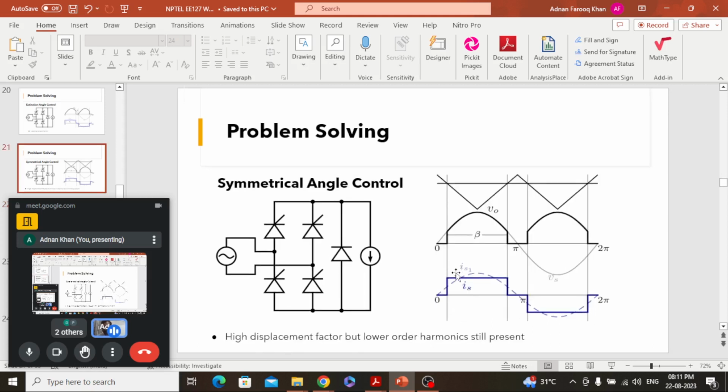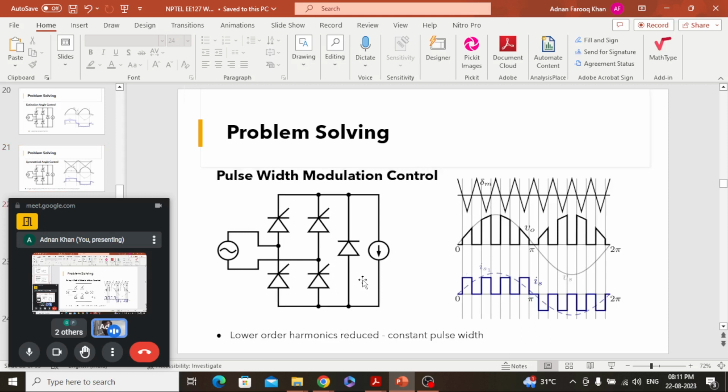This is all mathematical; you can go through the mathematical analysis of these two waves and you will see this.